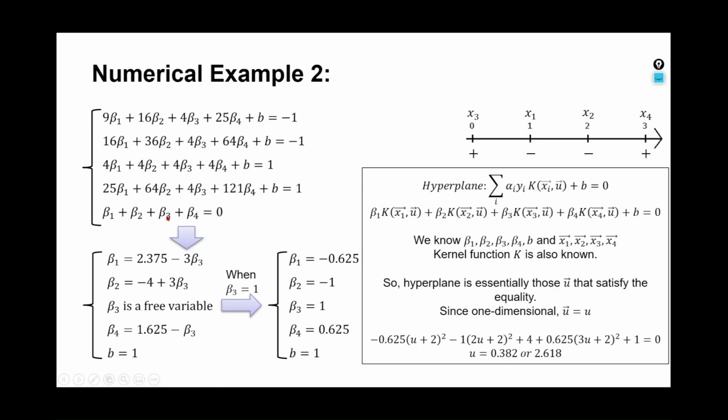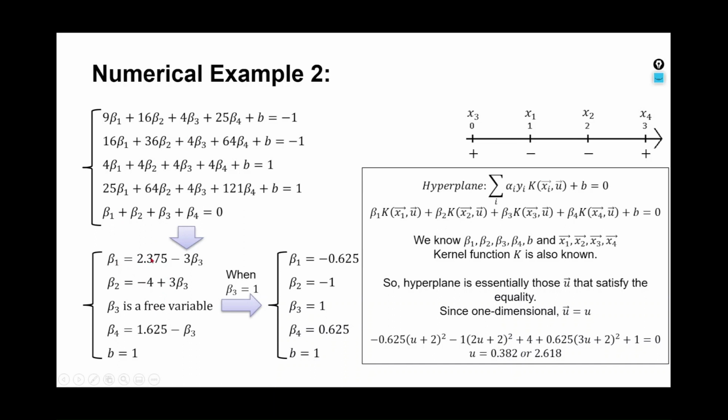Then 5 equations, 5 unknowns, and this is the case of many solutions. We have one free variable. If you solve this, we define beta 3 as the free variable, and these are all the expressions.